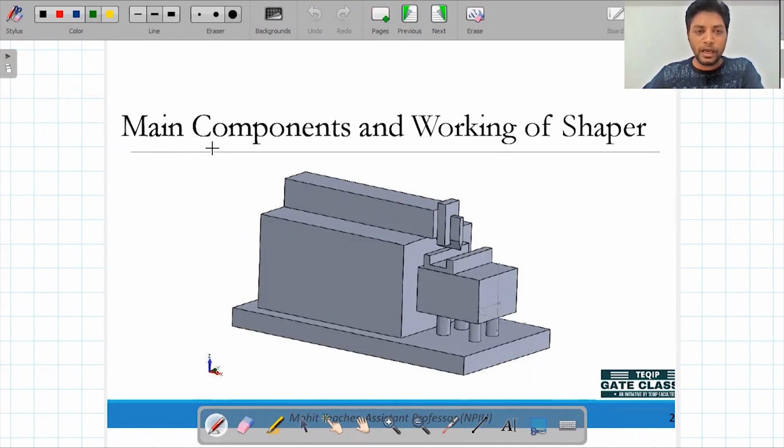Okay, so first I'm briefing you with the main components, then we'll go to the working part. We start from the bottom part. This portion is the base. Over that, this side is the column.